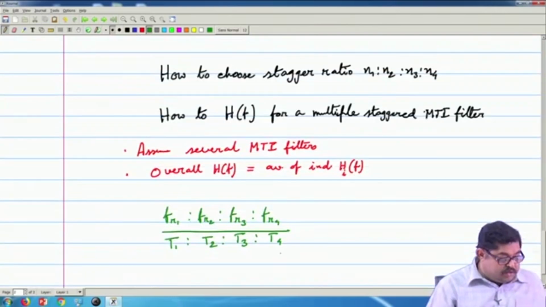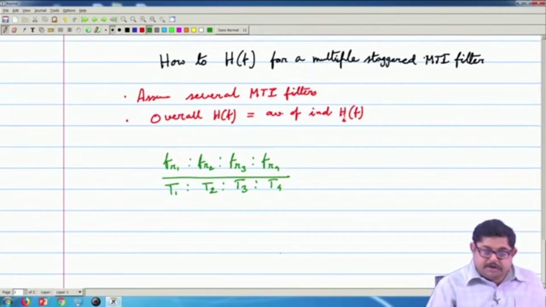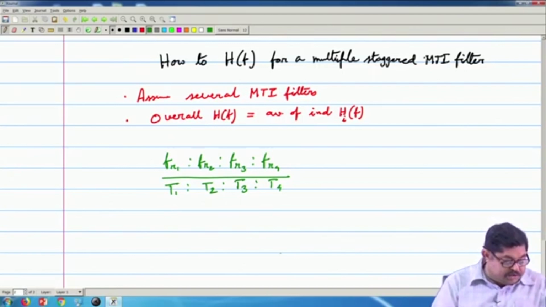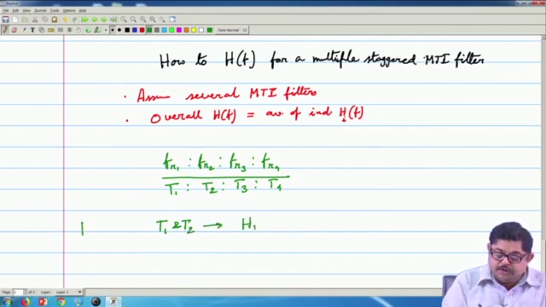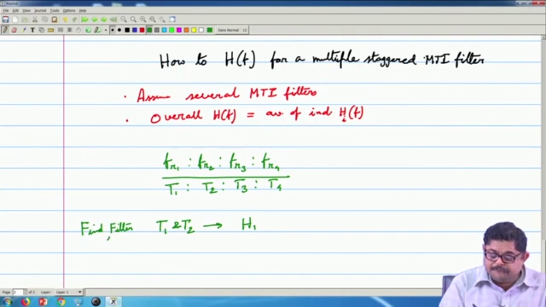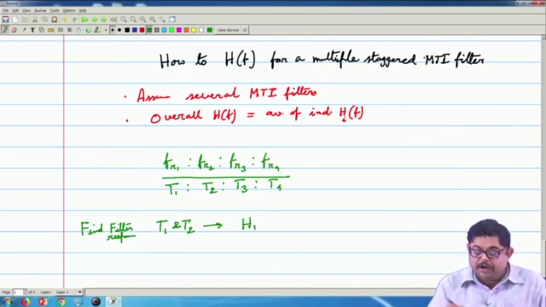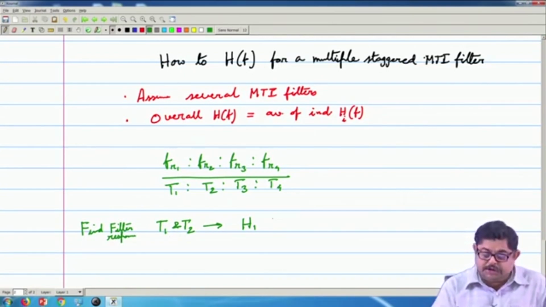So, what we will do, first we will find the filter response with T1 and T2, that we have already seen, by staggering FR1, FR2. Let us call it H1.